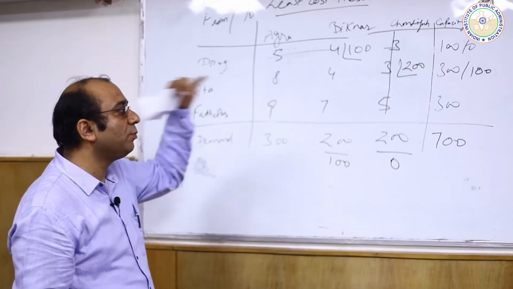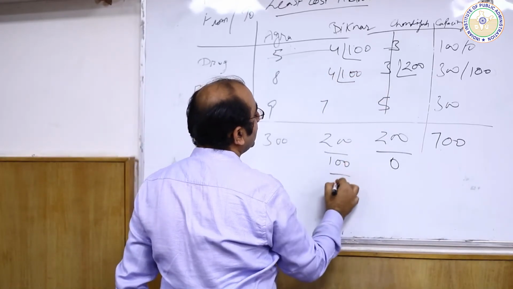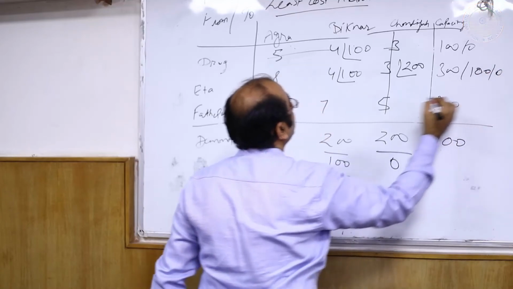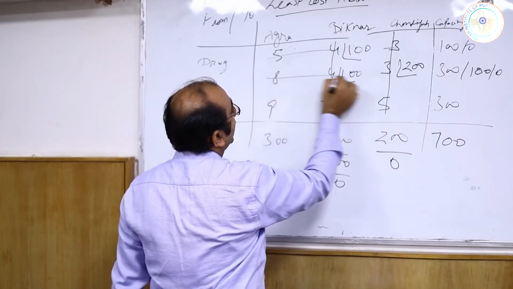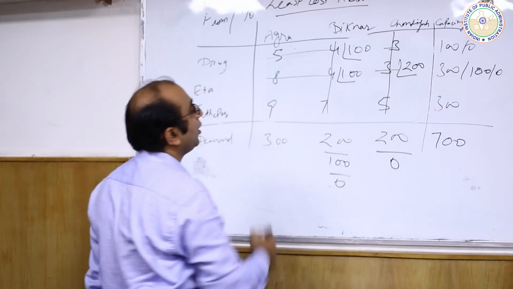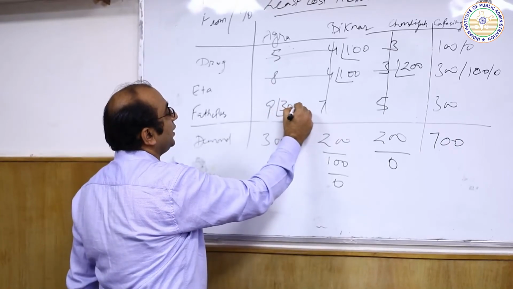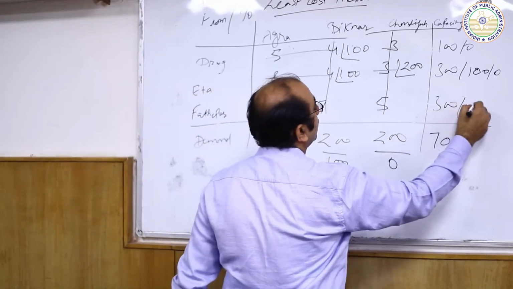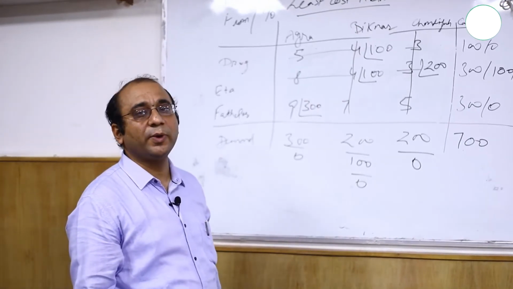Now, what is the minimum? This is the minimum. So, I give this also 100, this becomes 0, this becomes 0, and now this is also crossed and this is also crossed. Now, what remains is this particular cell, where I can transfer 300; this becomes 0, this also becomes 0, and finally I have been able to transport all of my goods.